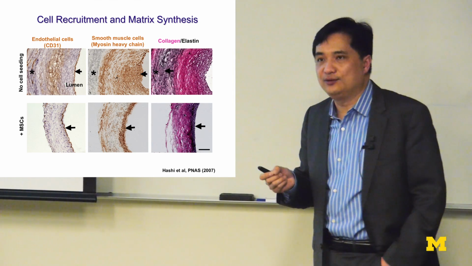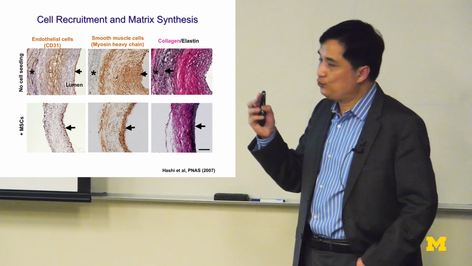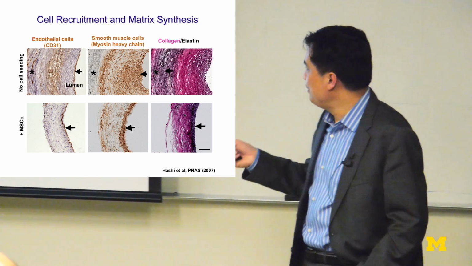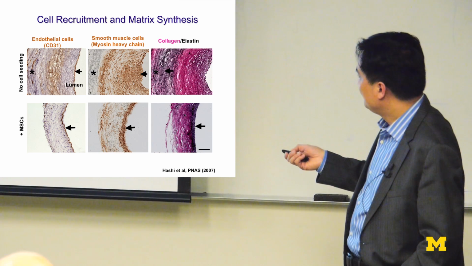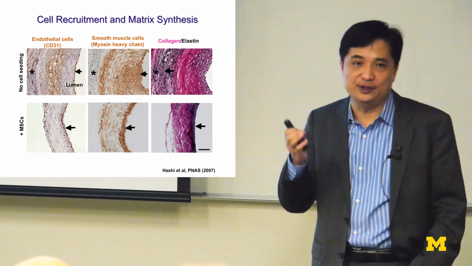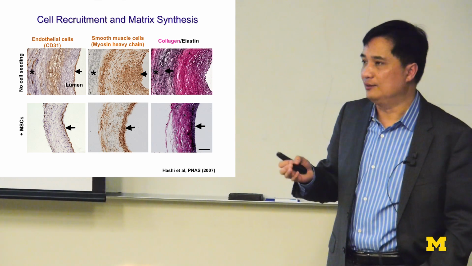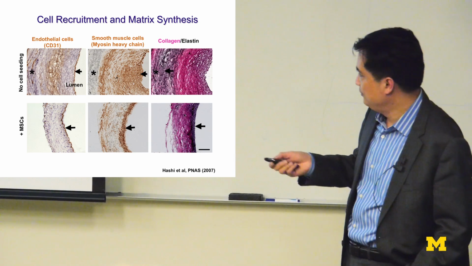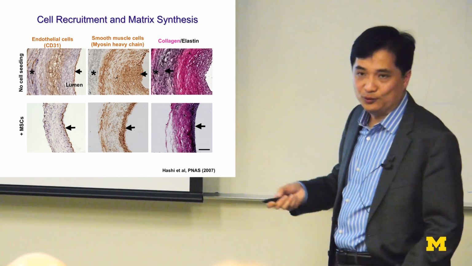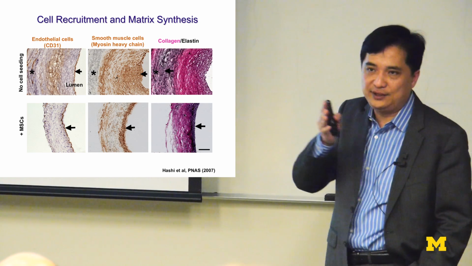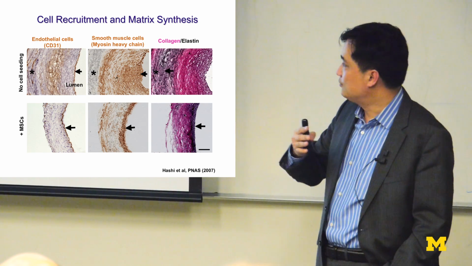But one interesting thing we observe is that after 2-3 weeks, if you go back to examine what kind of cell types are in this graft, what we found is the transplanted human bone marrow cells are mostly gone. There are only few cells left in these grafts. And most of these cells are from the host, in this case from the rat. So you can use immunostainings to distinguish the cells from different species.